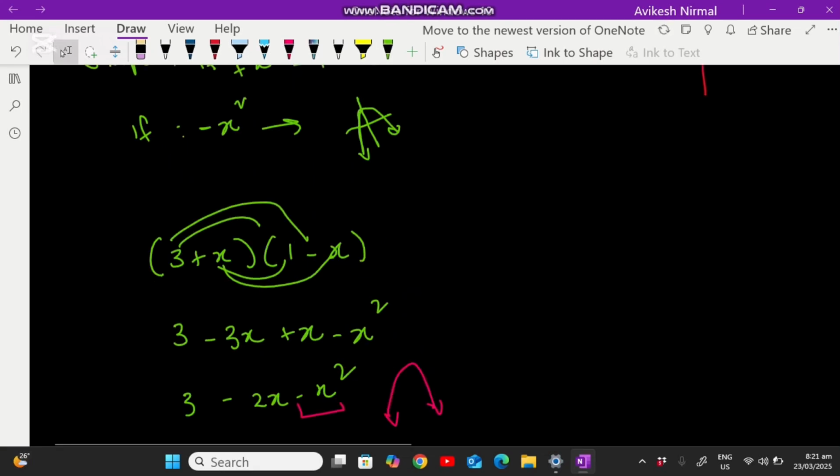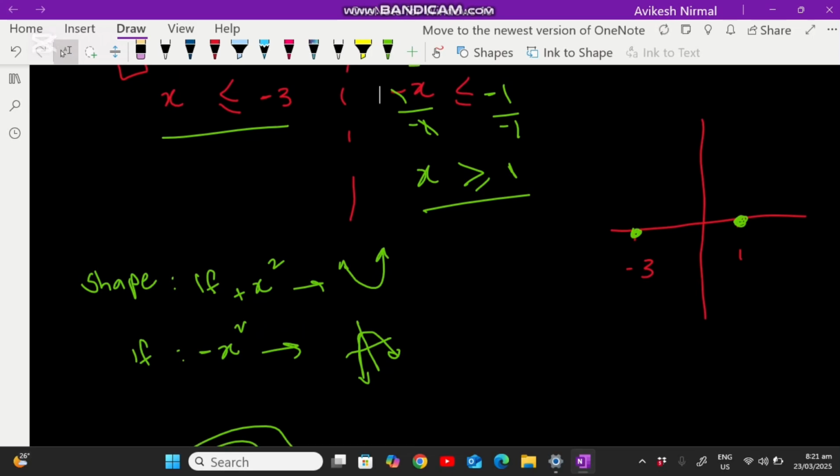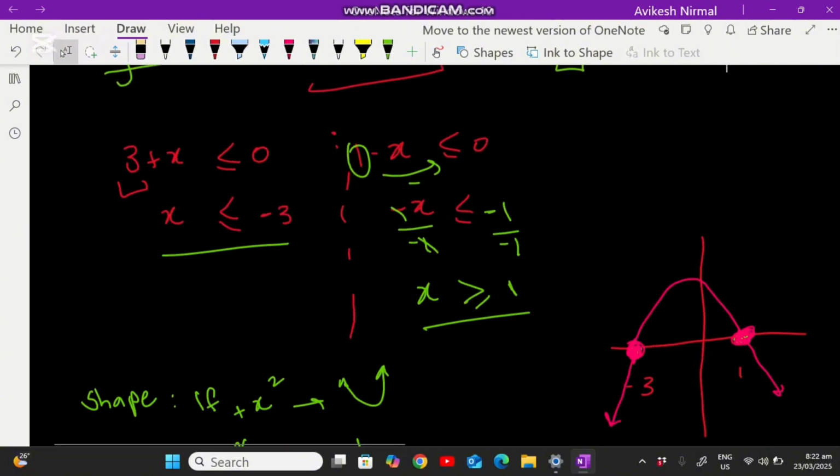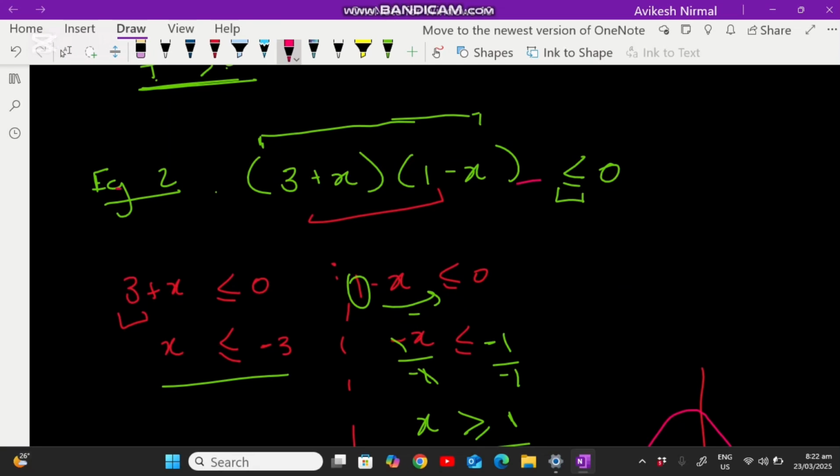Alright, so I'll go back to my graph, and I'm going to draw a shape something like this. Okay, and both will be filled in circles here because of that equal to sign. And where will I shade? Look at the original function. Because it's less than, this will be shading down.